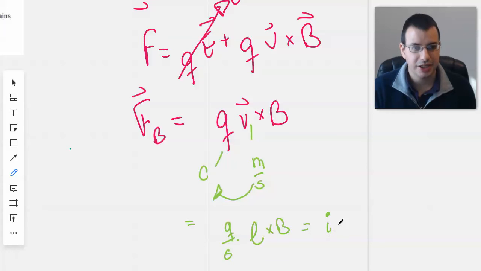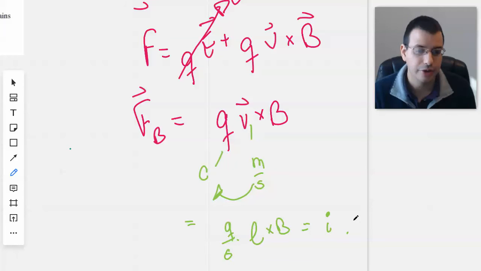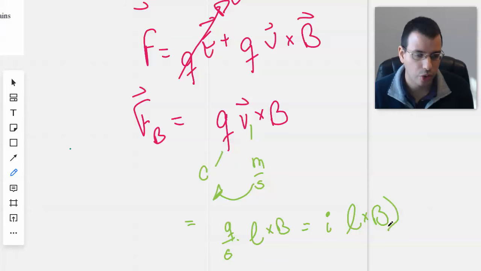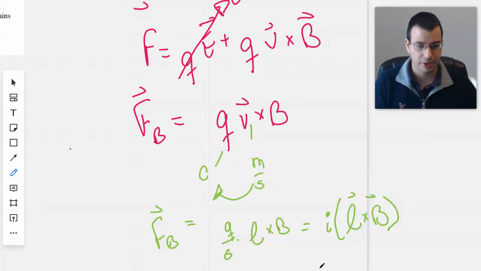Coulombs per second is amps. And so what we have here is force magnetic on a wire is IL cross B.